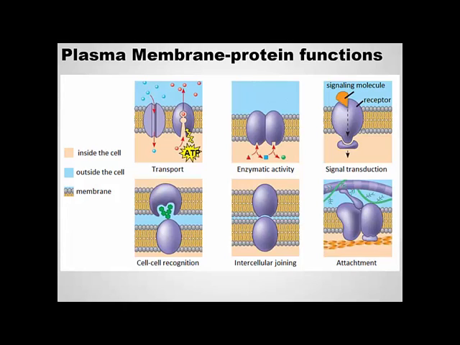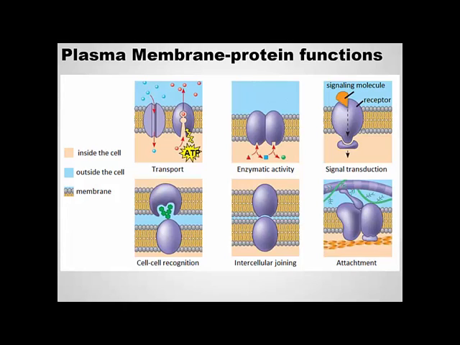Some of them are important to transport. They act sort of as a tunnel. So for example, this transport protein acts as a tunnel where these molecules can diffuse through it. They may not be able to get through the plasma membrane on their own, but they can diffuse through with the help of these sort of tunnels, these transport proteins.